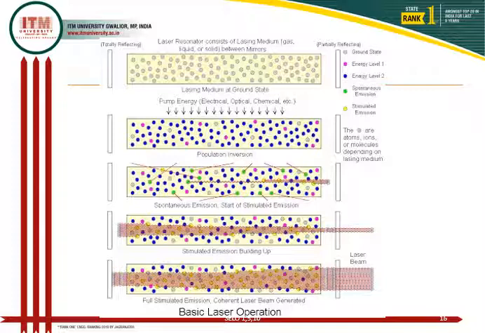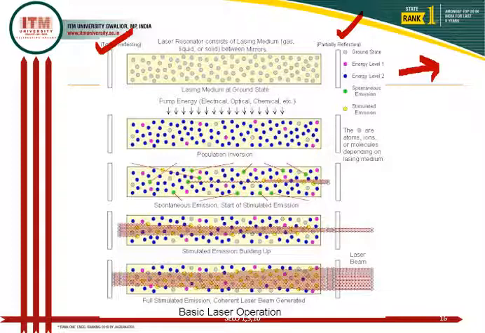It is shown here, an optical resonator. You can see here the fully reflecting and partially reflecting mirrors. This mirror is fully reflecting, while this is partially reflecting. From here we get the output.